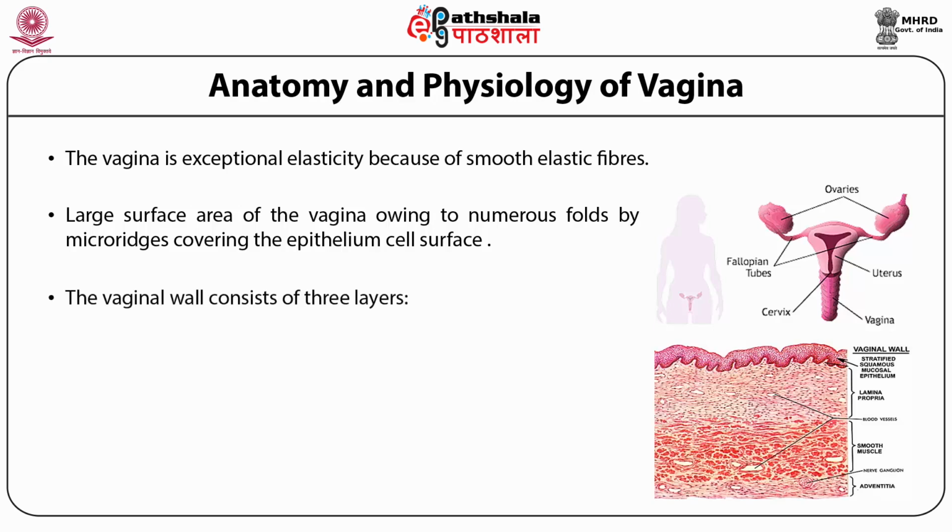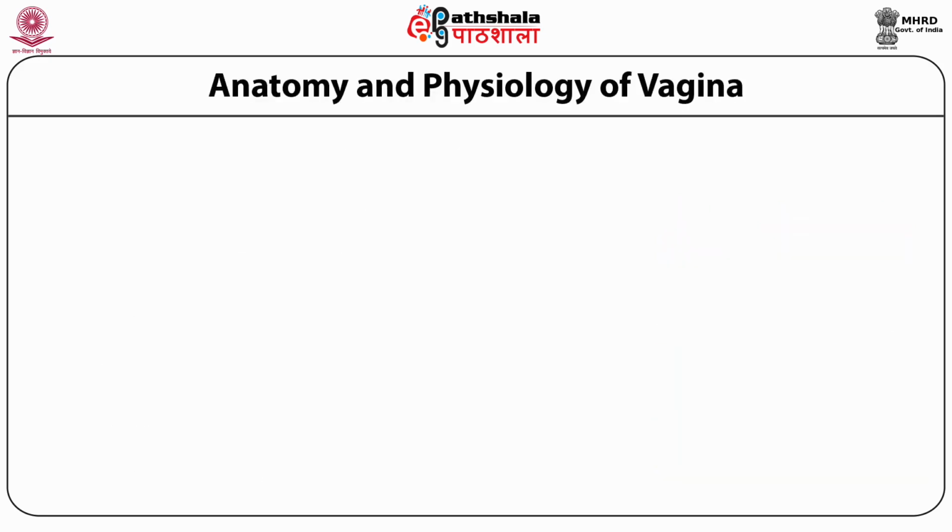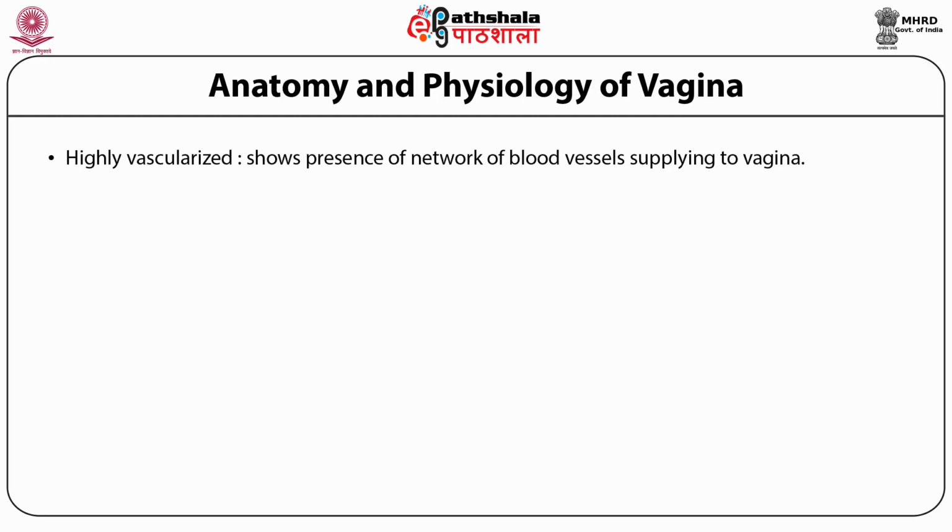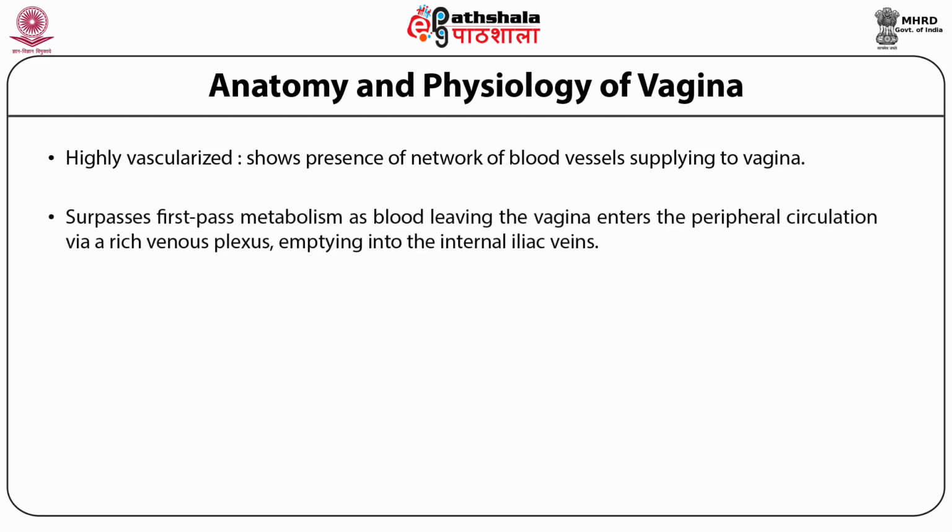The vaginal wall consists of 3 layers, primarily the epithelial layer, the muscular coat, and the tunica adventitia. The vaginal tissue is highly vascularized, with a network of blood vessels. It surpasses first pass metabolism as blood leaving the vagina enters the peripheral circulation via a rich venous plexus emptying into the internal iliac veins.